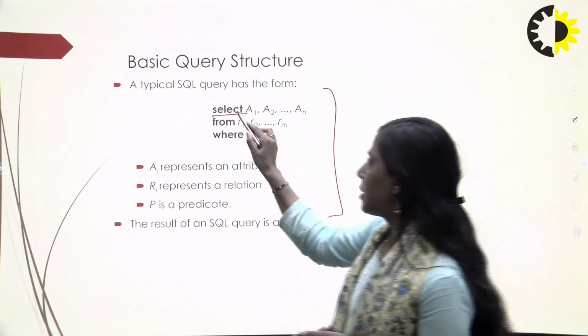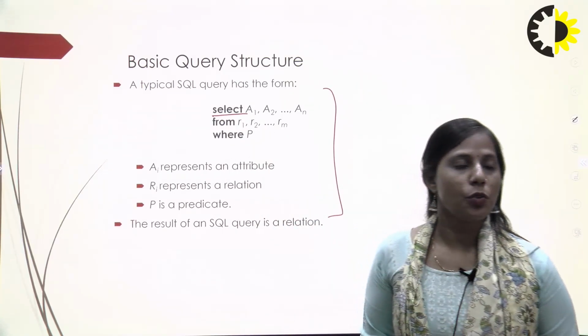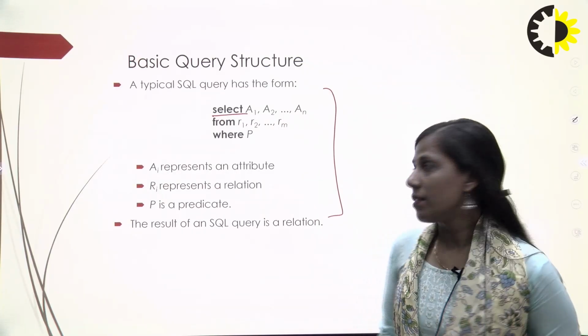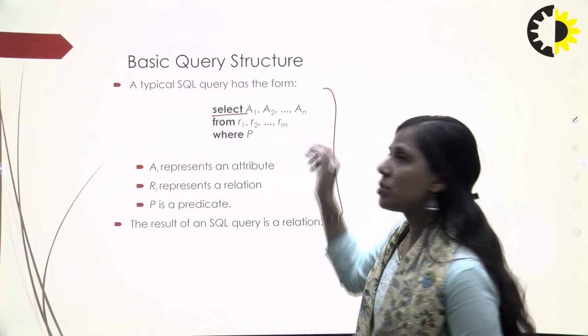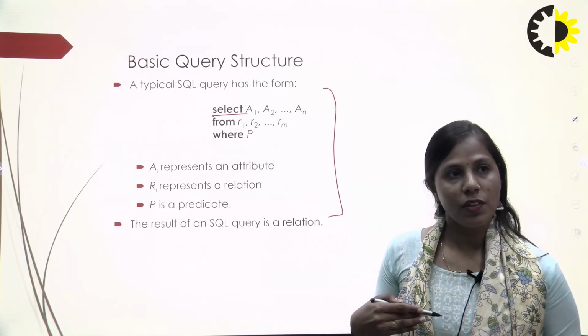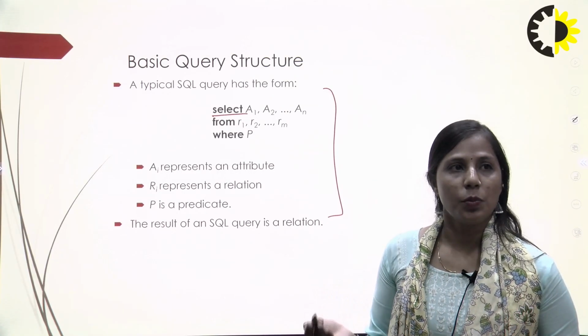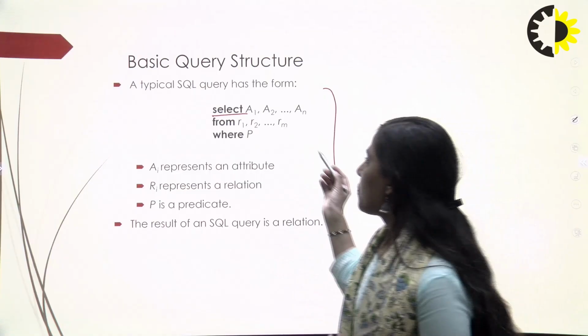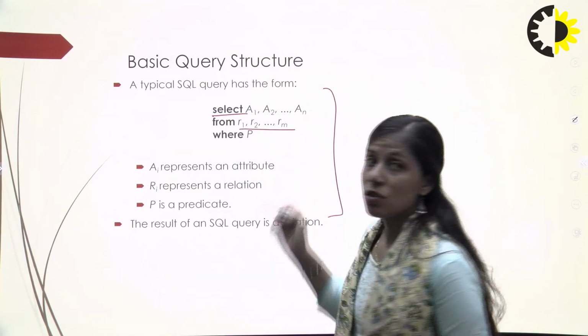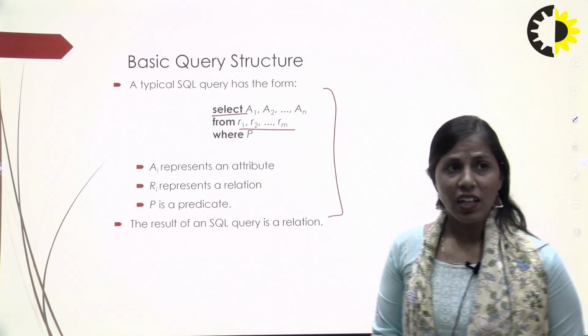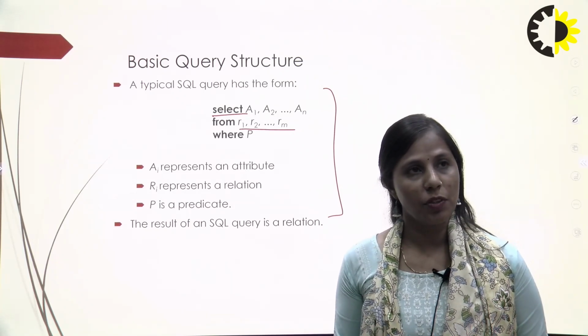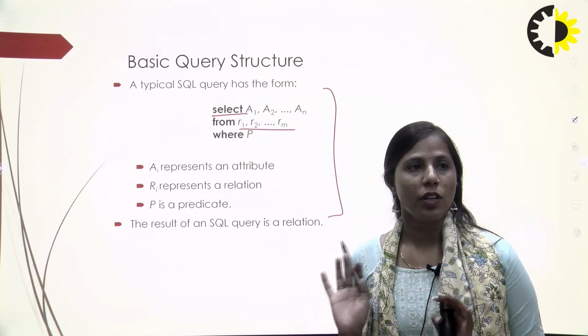Here, select is a command which is going to show the output as a result. Then we use whatever columns we require as output to represent the attributes. From a relation we can take a result, from multiple tables also, and we can give a particular condition.